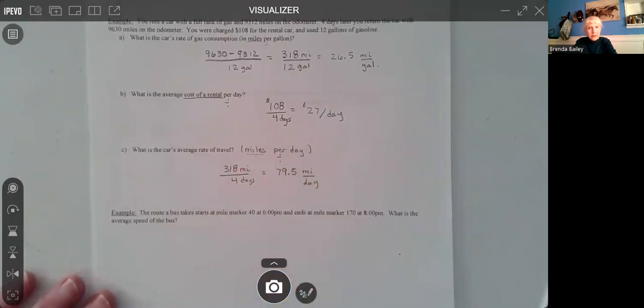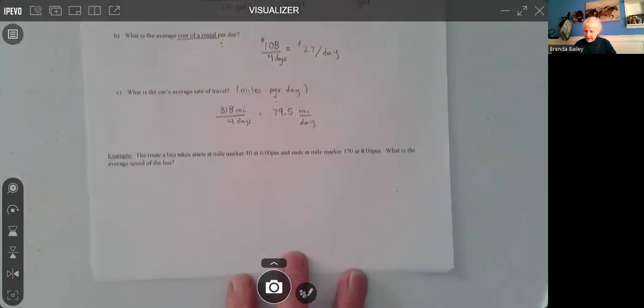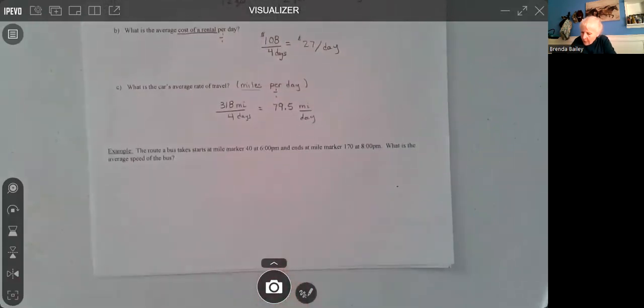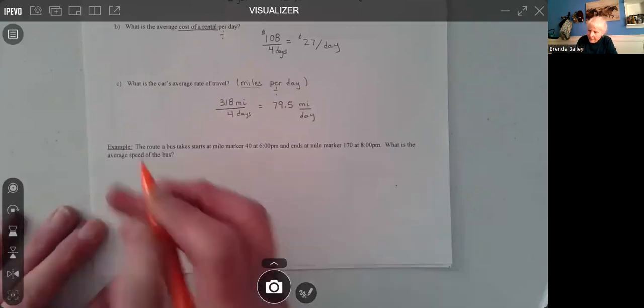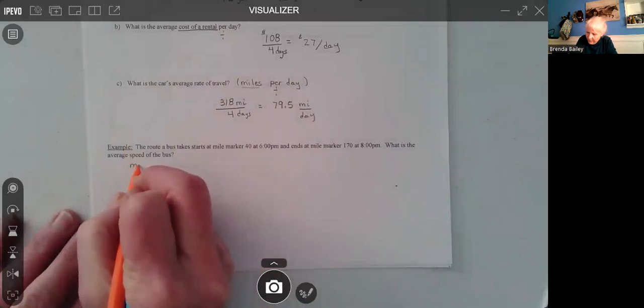So I hope that kind of clears up how to find these rates, these average rates. Again, units, hugely important. Let's look at this next example. The route a bus takes starts at mile marker 40 at 6 p.m. and ends at mile marker 170 at 8 p.m. What is the average speed of the car? Well, speed is miles per hour.